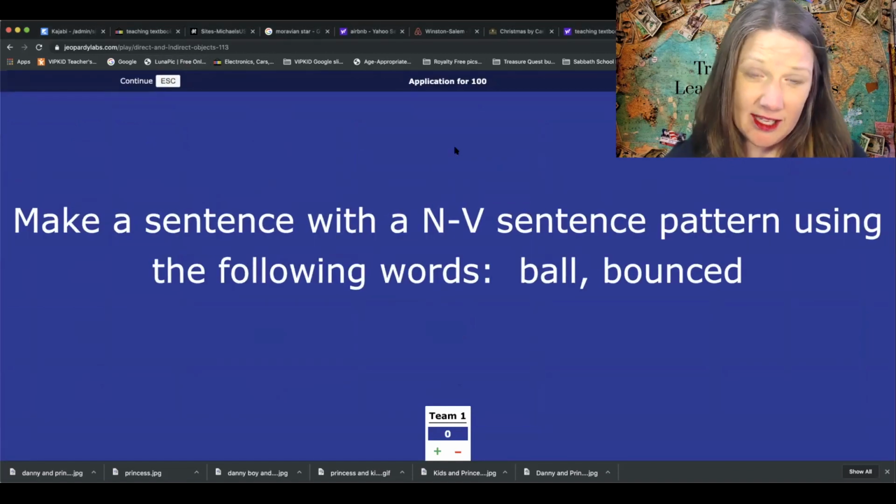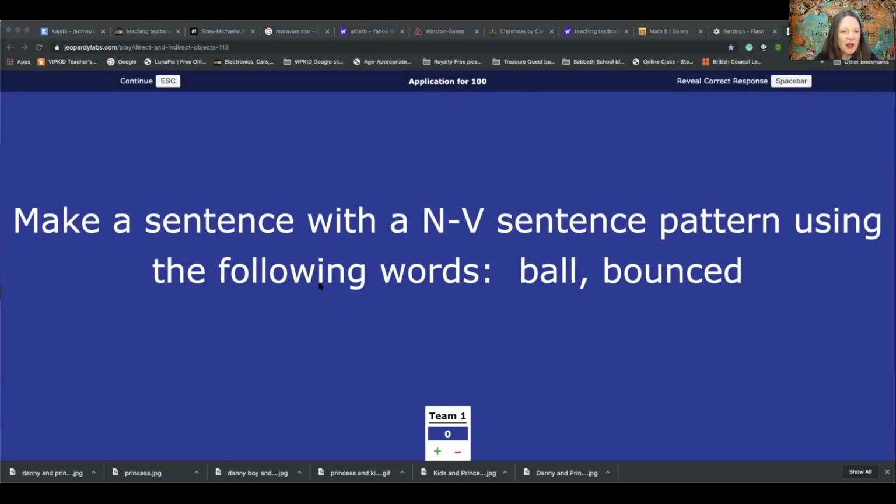So you click on it and it pops up. Make a sentence with a noun verb sentence pattern using the following words: ball, bounced. Well, my sentence pattern is going to be the ball bounced down the road. Let's look and see if I'm right.